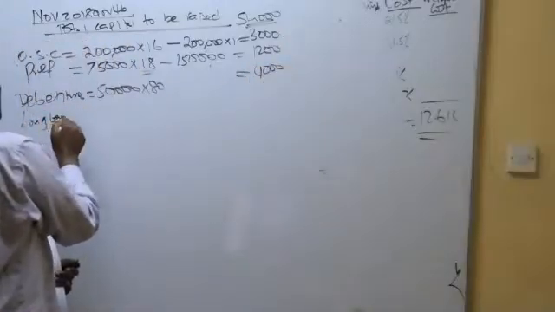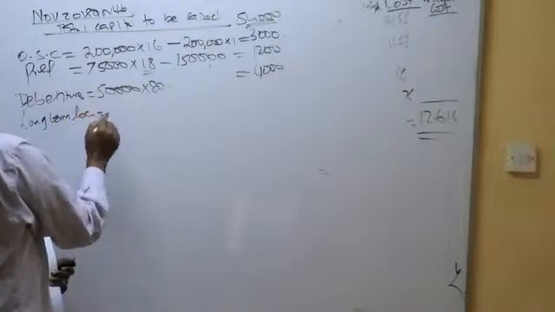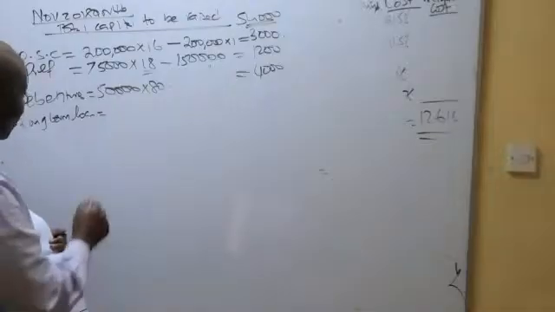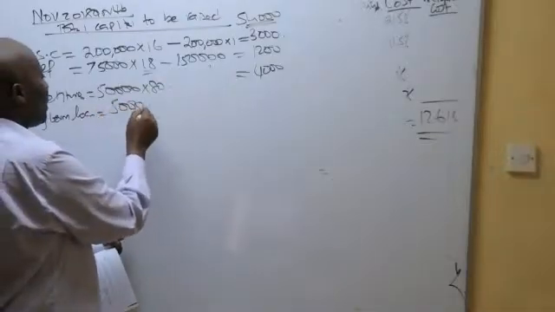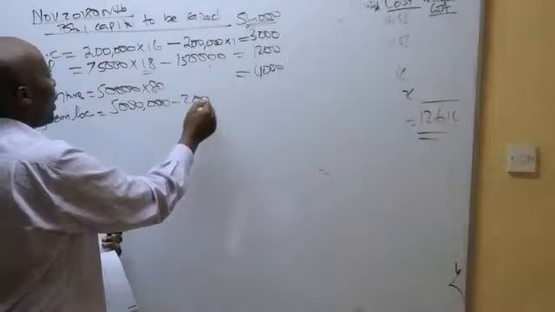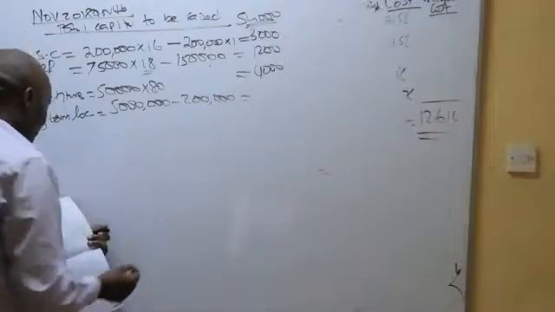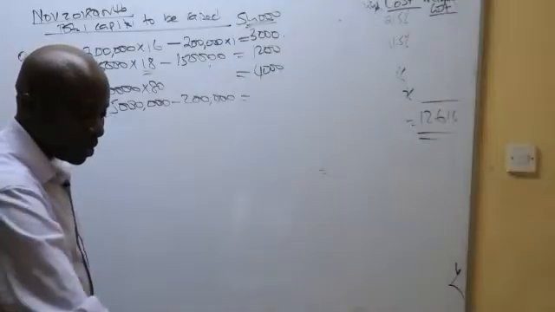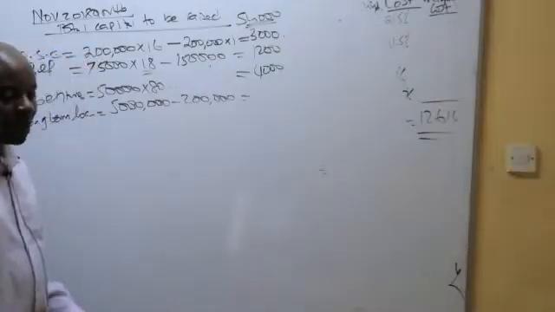And then we have the long-term loan. So the long-term loan, what do we have? It's 5 million, but here we have got 200,000 as flotation.